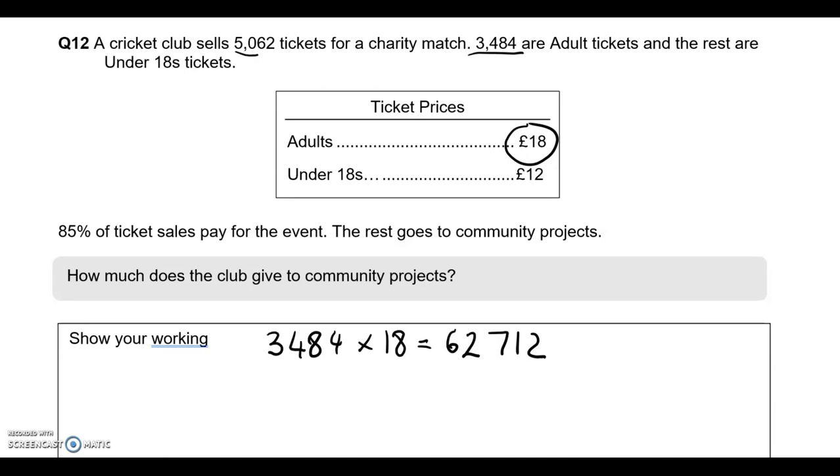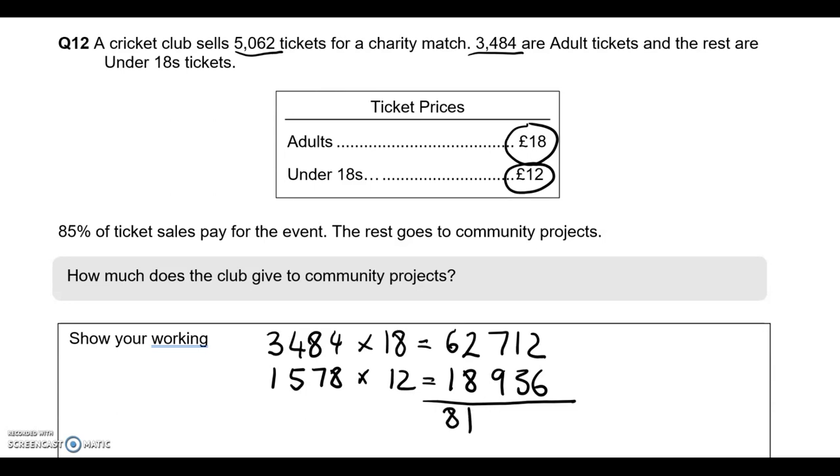So we'll go 5,062, take away 3,484. So that is 1,578 tickets times 12. And that gives 18,936. Adding these two together gives us 81,648 pounds.